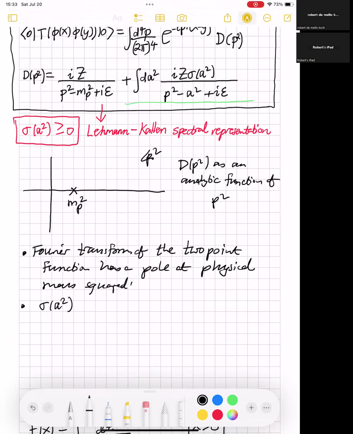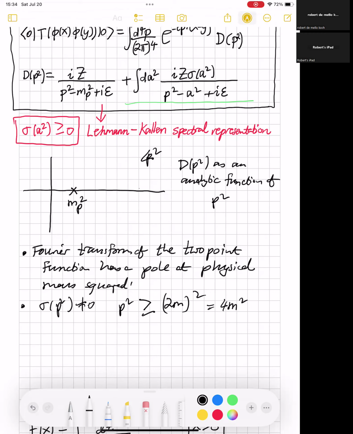To create a two-particle state, what do we need? Well, for sigma of p squared to be non-zero, we need p squared to be greater than or equal to 2m squared. That's the minimum energy to create a two-particle state, which is 4m squared.